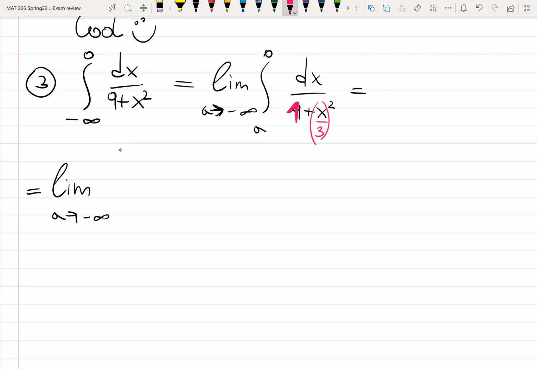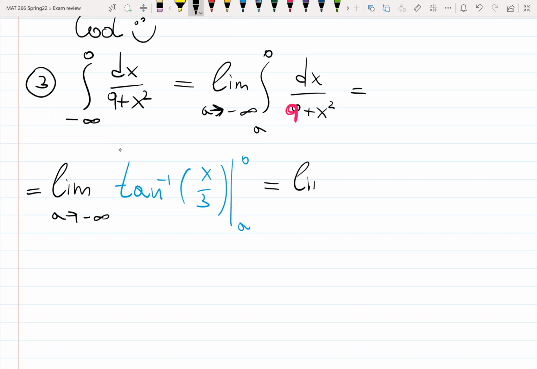That goes from the previous exam. I just remember the formula, to be honest, that when you have the number over here, you divide by the square root of this number, like so. So it will be arc, change the color, tangent -1, and then x over 3, the square root of 9. A bar from a to 0. Limit a goes to -infinity.